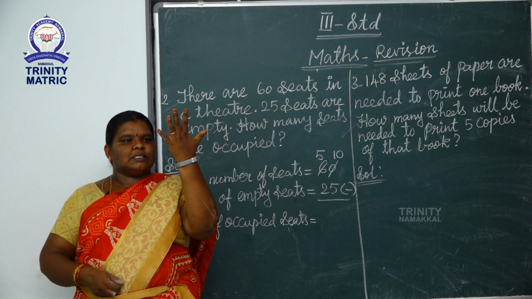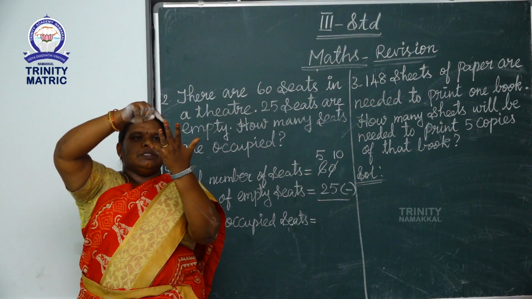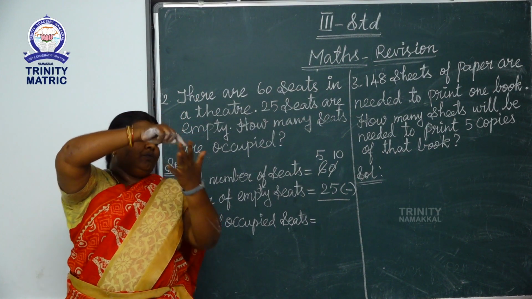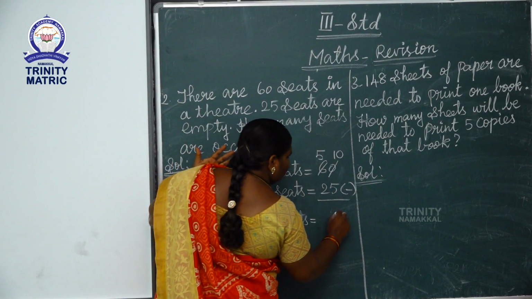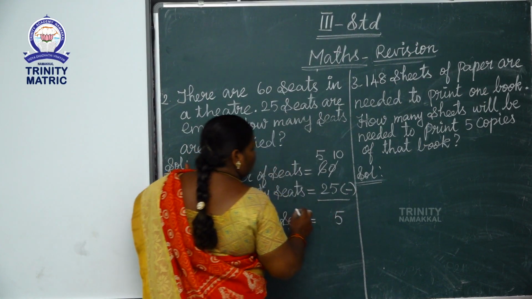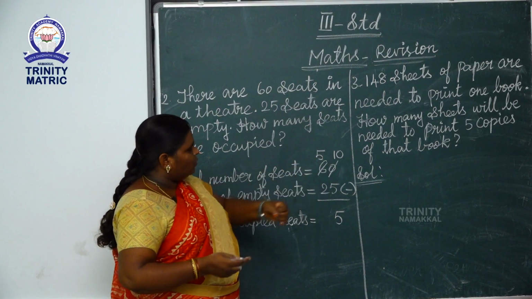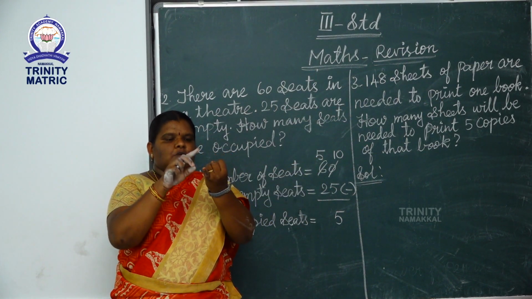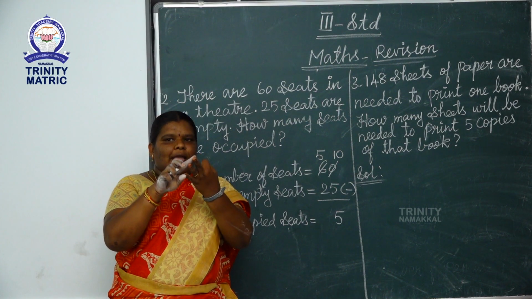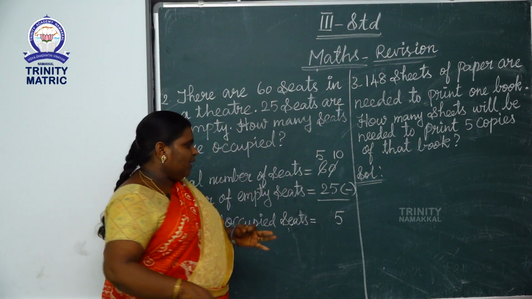How many fingers? 1, 2, 3, 4, 5. So you write 5 in the ones place. Next, 2 after, count up to 5. 2 after 3, 4, 5. How many fingers? 3 fingers.